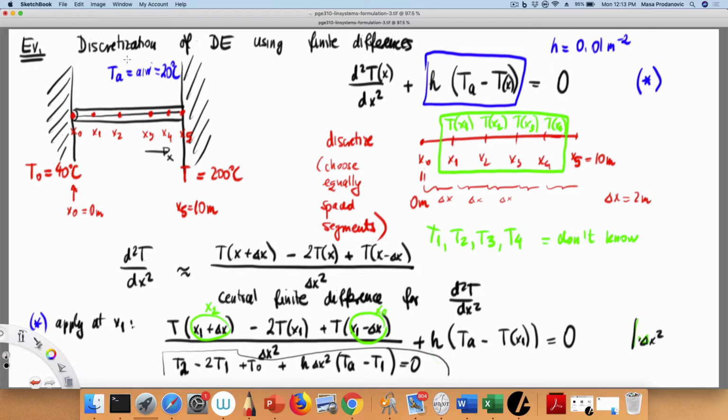And as always, I set everything that I don't know on the left-hand side and everything that I know on the right-hand side. And then I'm going to proceed to the final point, and I'm going to have T of x5, which is actually my boundary condition, so I know it. Minus 2t of x4 plus t of x3 divided by delta x squared plus h times Ta minus t4 is equal to 0. Does everybody see that?